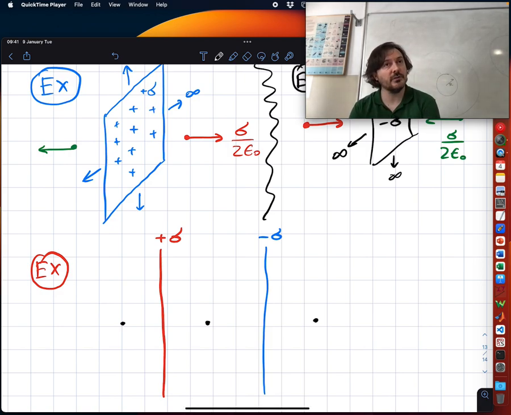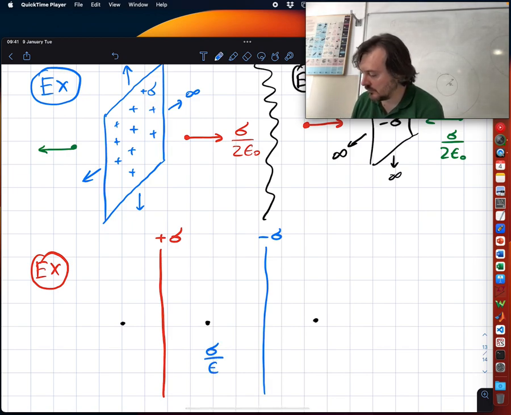Do you understand the question? Very good. Typical exam question, by the way. In the middle, sigma over epsilon 0, on the left side and the right side, 0. Very, very good. So, let me just write it down like this.